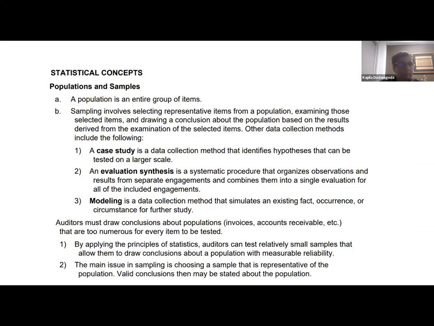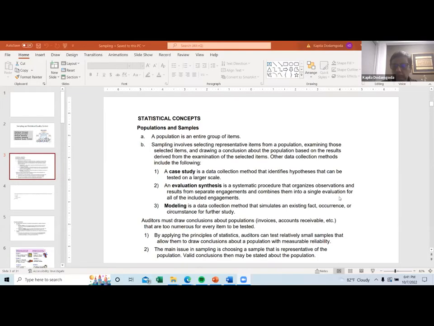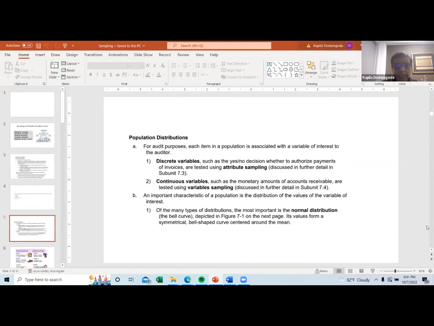These are the areas that we were discussing in the last lecture: population sampling, what is a case study, what is evaluation synthesis, what is modeling. Then what is in populations, what is a discrete variable, and attribute sampling for discrete variables.